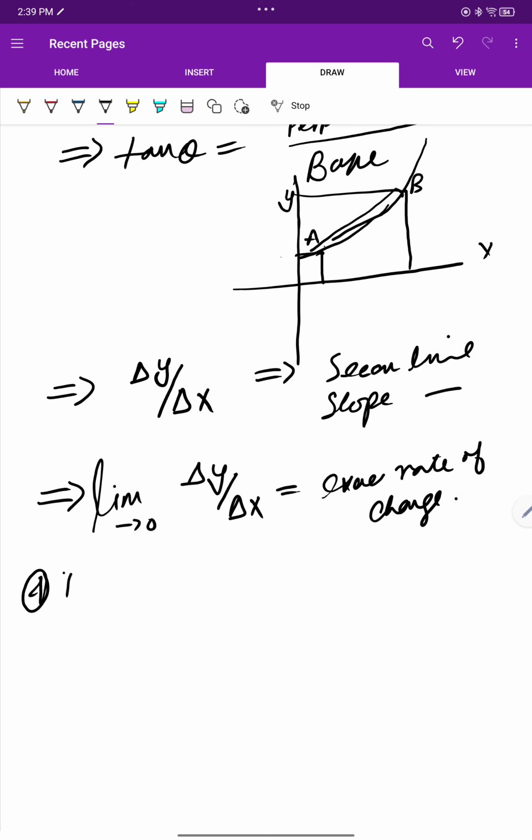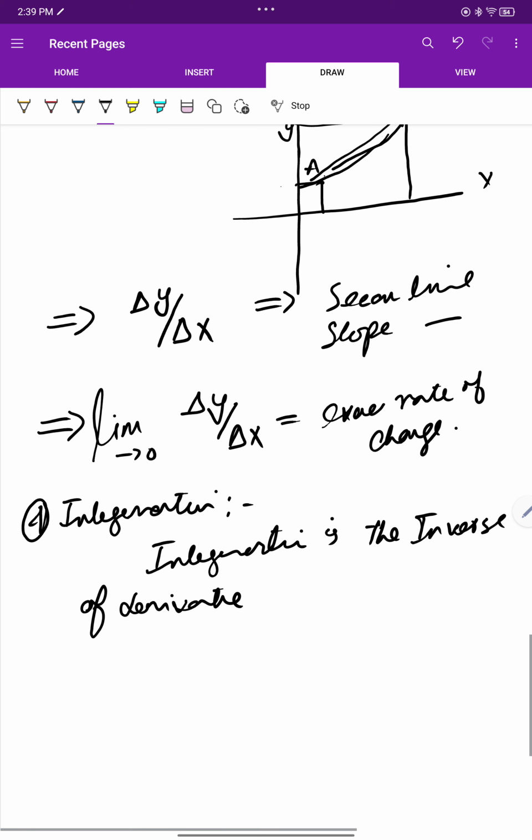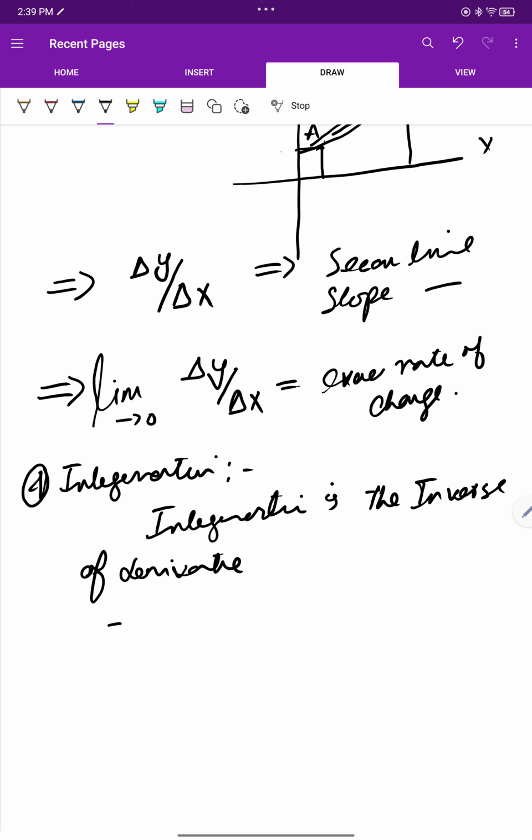So fourth is integration. Integration is the inverse of derivative.